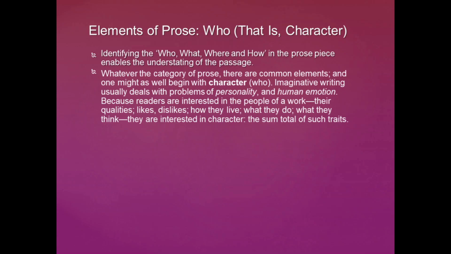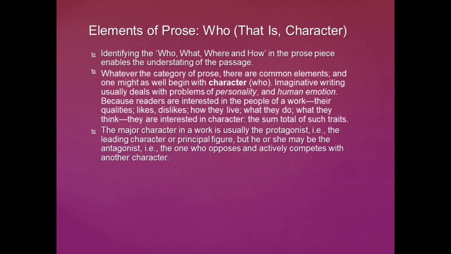Imaginative writing usually deals with the problems of personality and human emotion. Because readers are interested in the people of a work, their qualities, likes and dislikes, how they live, what they do, what they think, they are all interested in character in general, that is, the sum total of such traits.